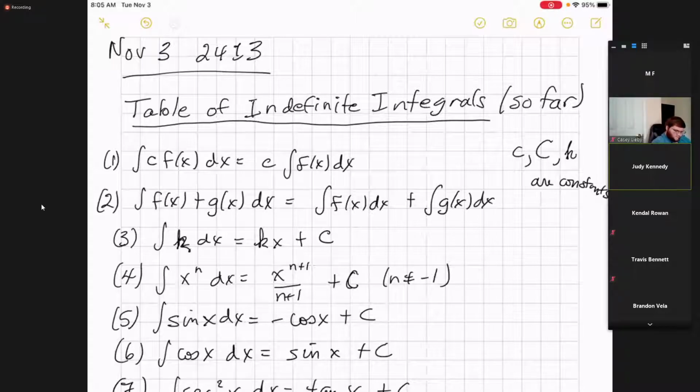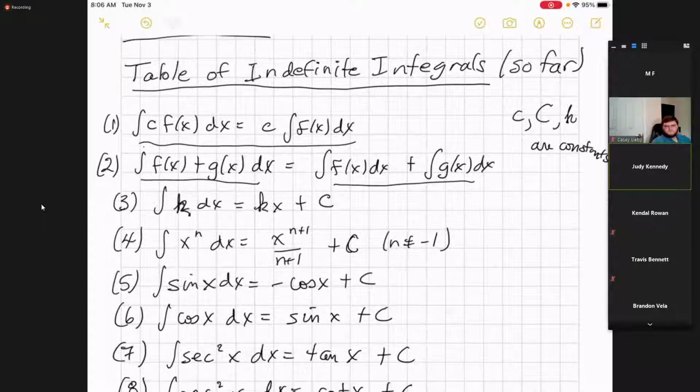Okay. If you have number one here, the indefinite integral or antiderivative of a constant multiplied by a function, then you can take the constant out of the integral. So number one, integral of c times f of x dx is c times the integral of f of x dx. If you have two functions added, the integral of the sum of two functions is the sum of the integrals. Products do not work this way, but sums and differences do, so that's nice.